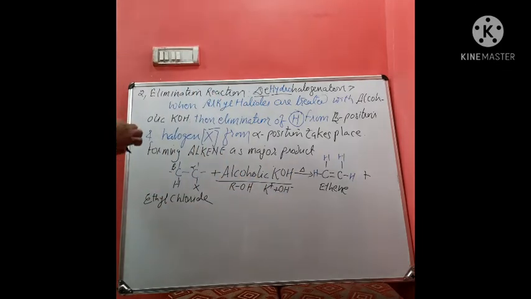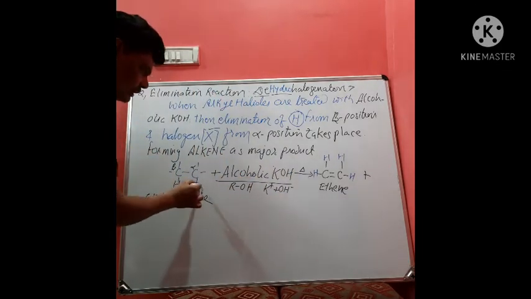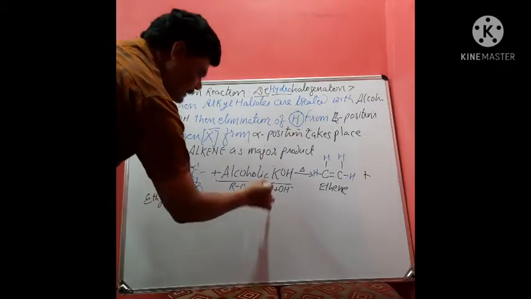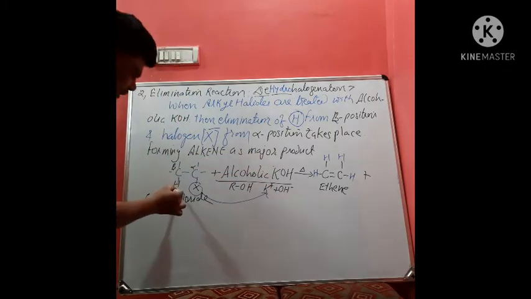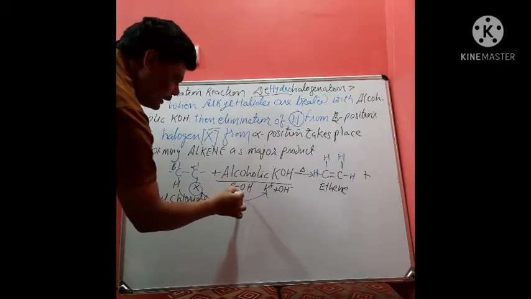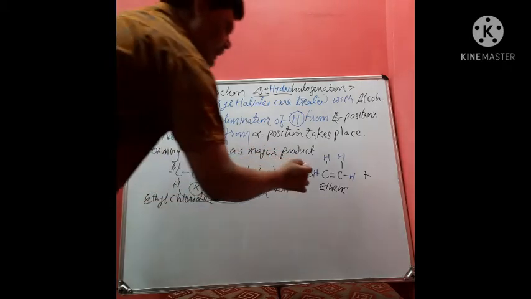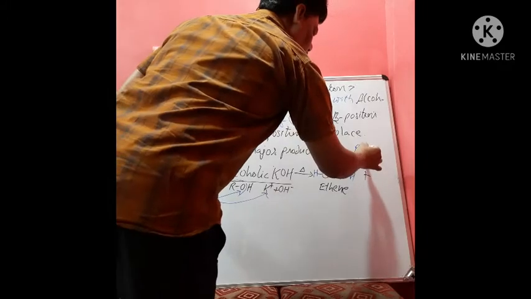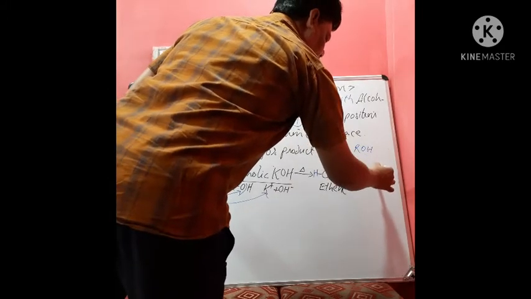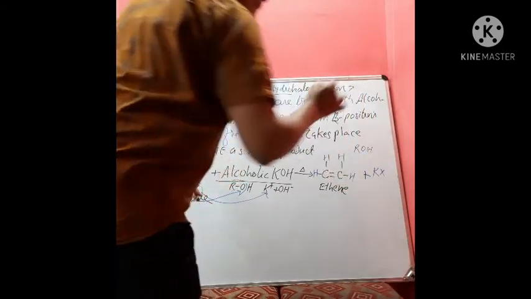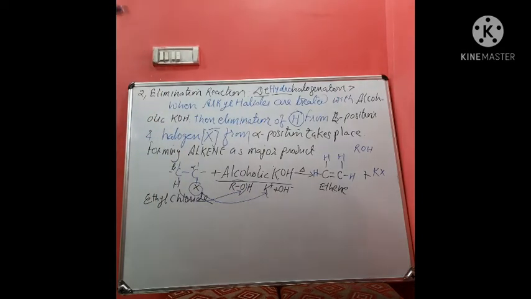That means the X reacts with K cation, and the H reacts with RO anion, forming again ROH plus KX. Isn't it? So this is about the reaction.